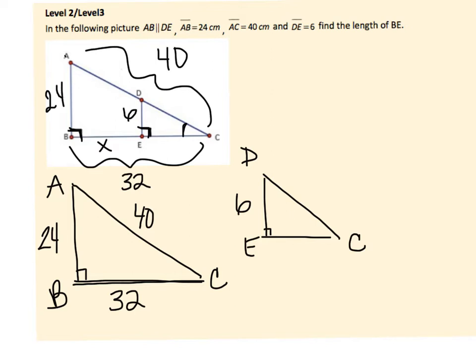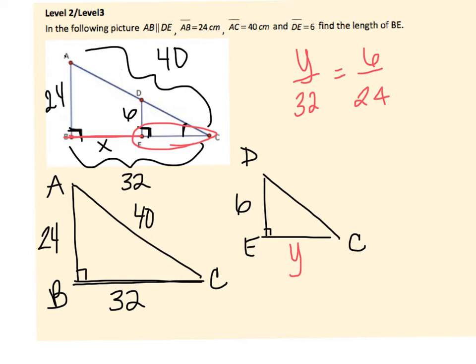So if I'm still looking to find out BE, if I find out CE, then I can just subtract from 32 to get that measurement of BE. So I'm going to label CE as Y and solve for that using proportions. So I'm going to say Y over 32 equals, I'm going to have to go back to 6 over 24.